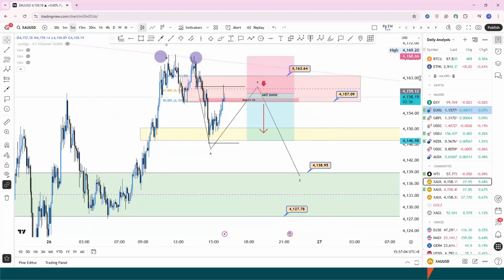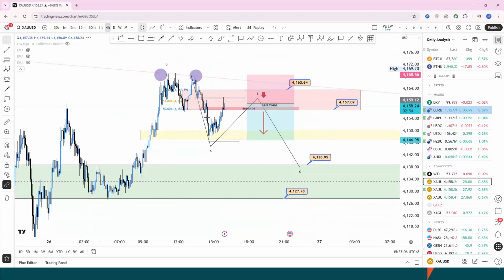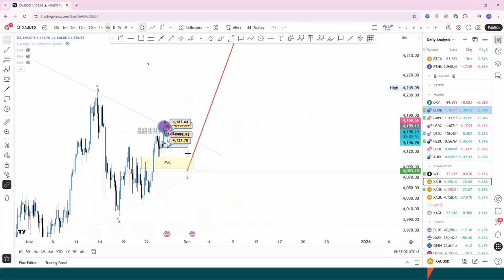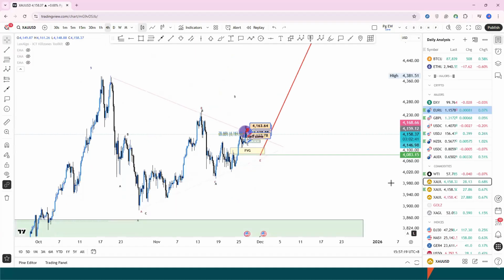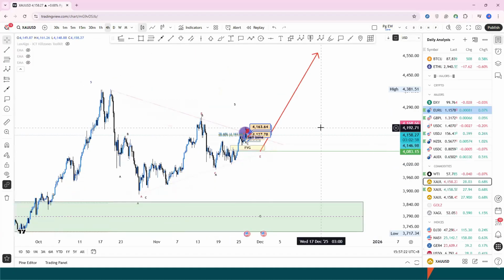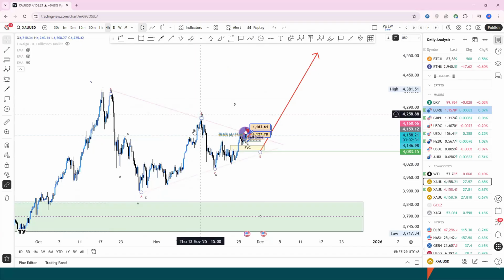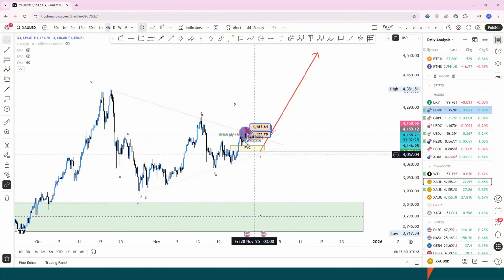But if price breaks above or closes above this high, this trend line, then I'm gonna count my wave again. If this is not gonna be like A, B, C, or A, B, C, D, E here and then continue, then my wave count might be wrong.